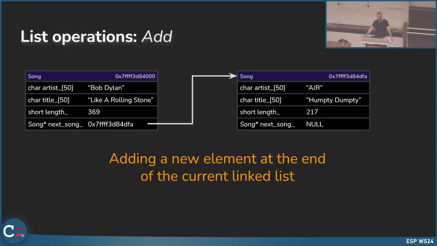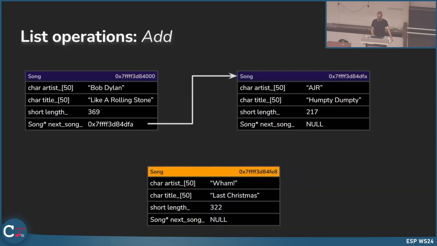Another important function is the add function, so adding a new element at the end of the linked list. Let's say we want to add a song to our playlist. How can we add that? It's nearly Christmas and I want to add the perfect Christmas song most of you maybe hate. I also hate it, but it's Christmas time, so why not? We want to add this Last Christmas song to our playlist.